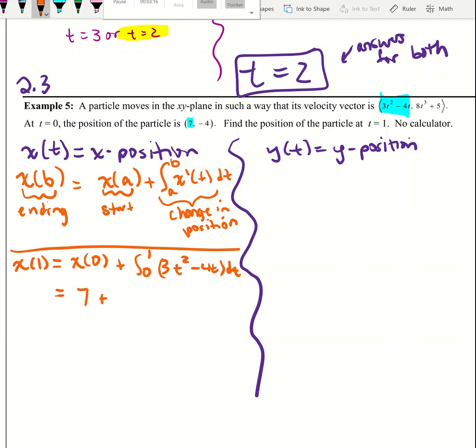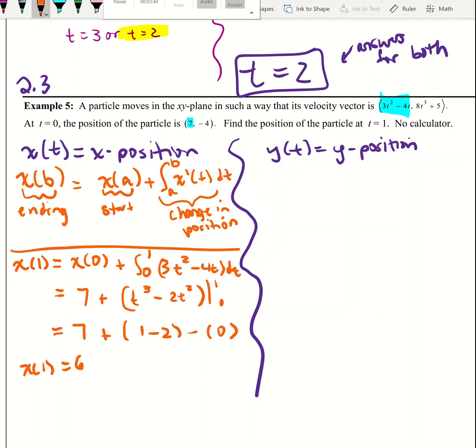And now I'm going to integrate this as t cubed, just using the power rule, minus 2t squared. And I'll evaluate that at 1 and 0. So this is 7 plus, let's see, 1 minus 2 minus 0. And so this is supposed to be an equal sign, the x coordinate here at the time of 1 would specifically be 6.